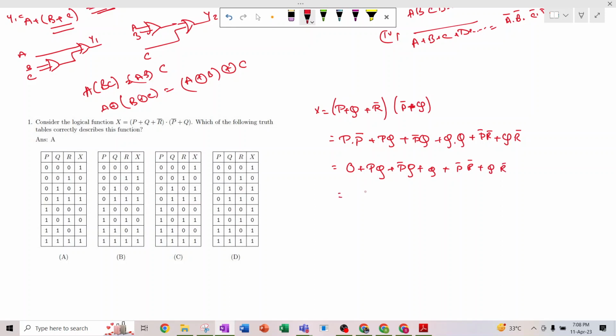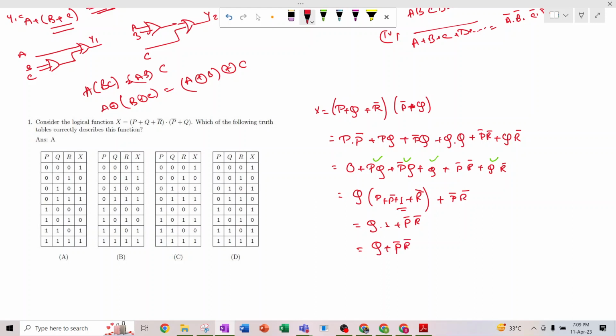Now if we take q common from pq, p bar q, q, and q r bar, we get q common times p plus p bar plus 1 plus r bar, and the rest is p bar into r bar. Now 1 plus something will always result in 1, so q into 1 plus p bar into r bar. So q into 1 means q plus p bar r bar.